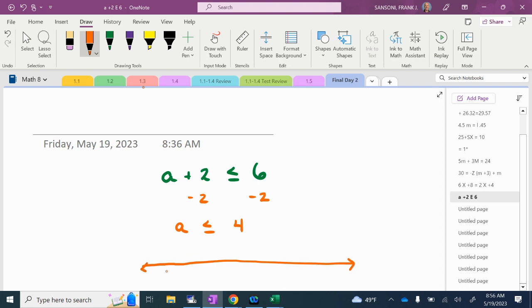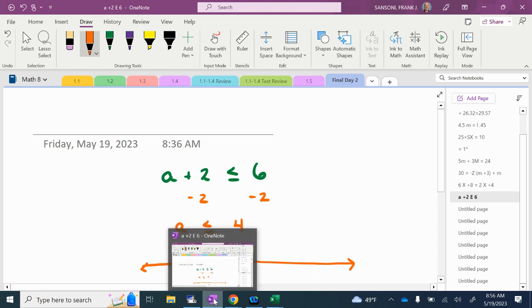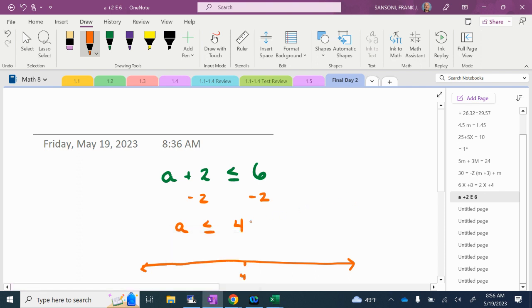And then you're going to have to graph it on a number line, right? This is the easiest way to do it. If your number that you're working on is 4, just put 4 in the middle.